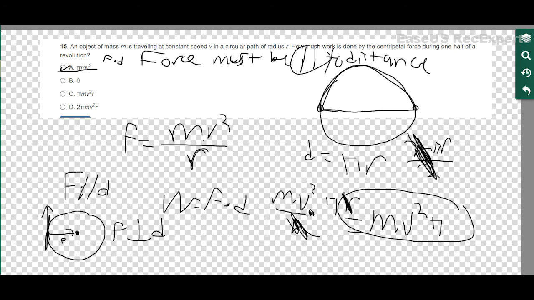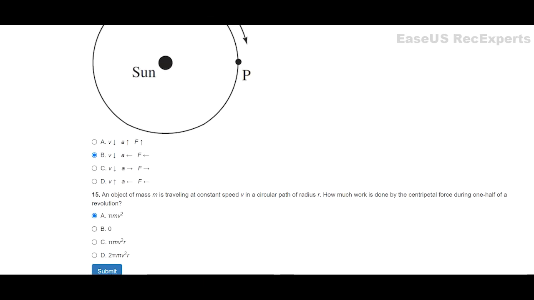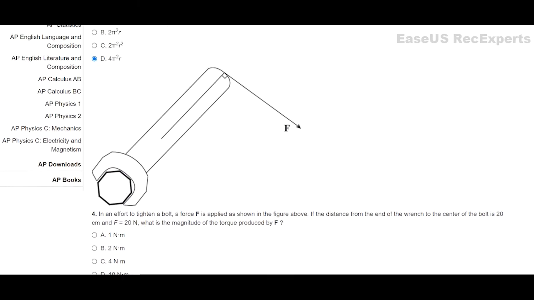That's as far as you can get away from being parallel, meaning that there is no component of F that is parallel to D. So you will have a force of 0, which is parallel to D, times D traveled, which gives you 0 as your answer. So it is not A, it should be B.